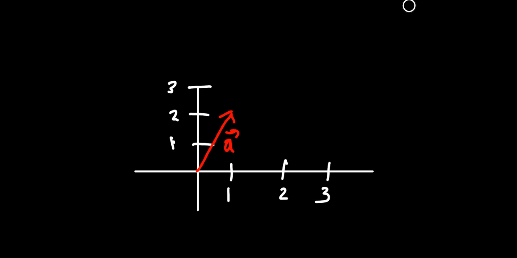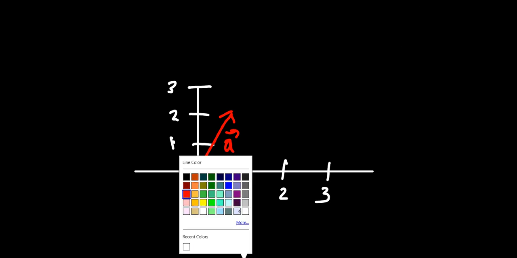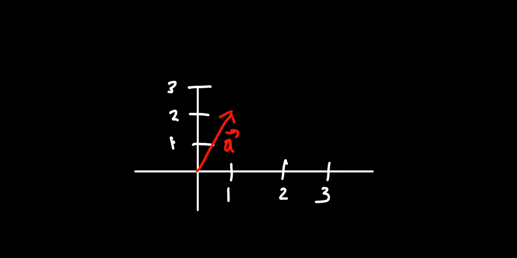Here we want to use just a normal color. The magnitude, noted by these double bars, of A is equal to the square root of x squared plus y squared.